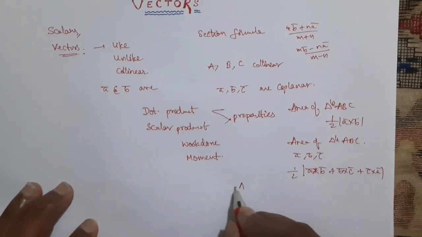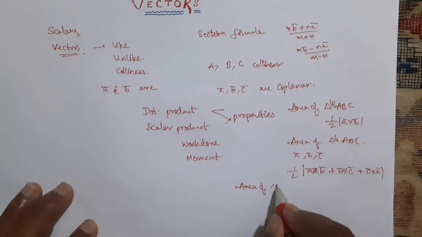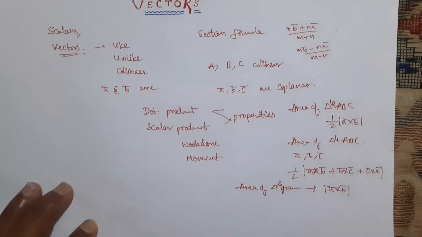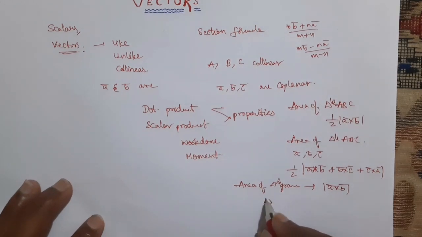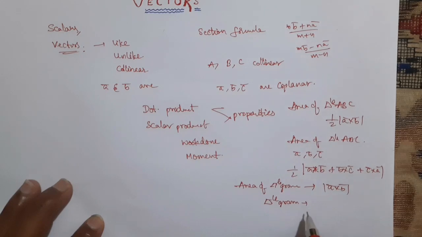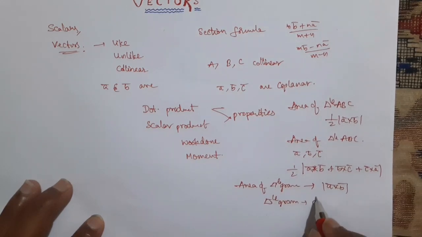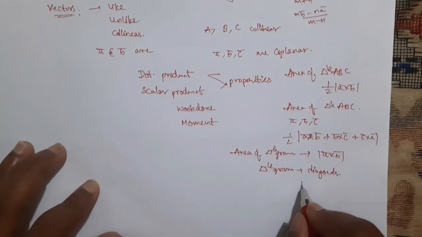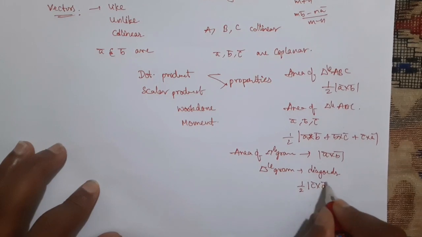And again we have the area of parallelogram formula, that is the modulus of A bar cross B bar. In that parallelogram, we have another case: if the diagonals are given, the area of the parallelogram is half of the modulus of C bar cross D bar.